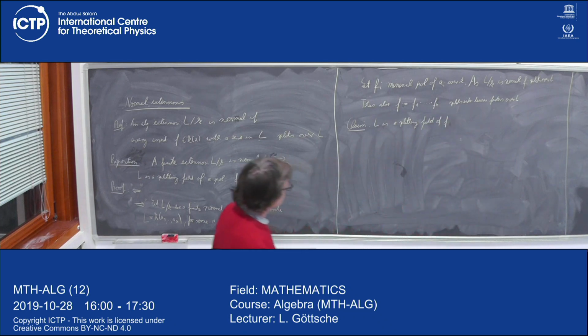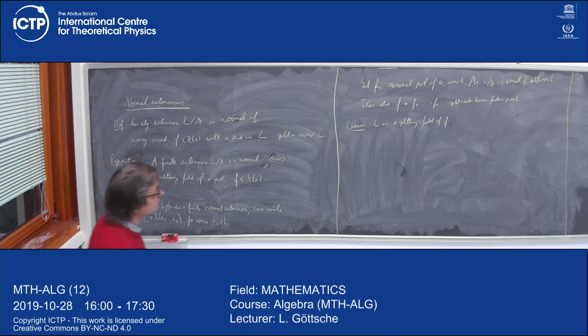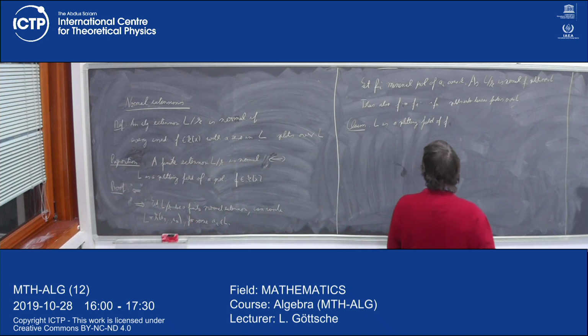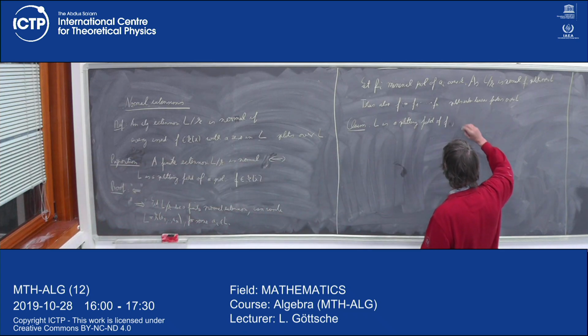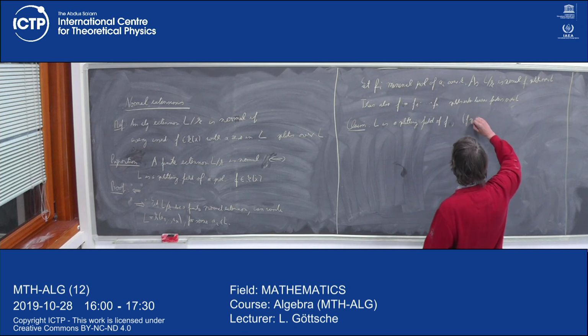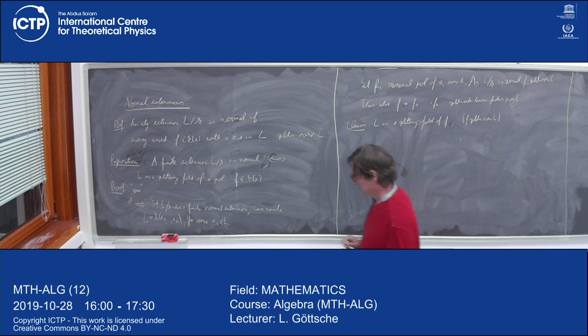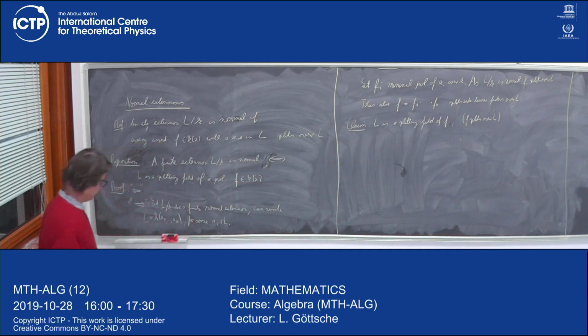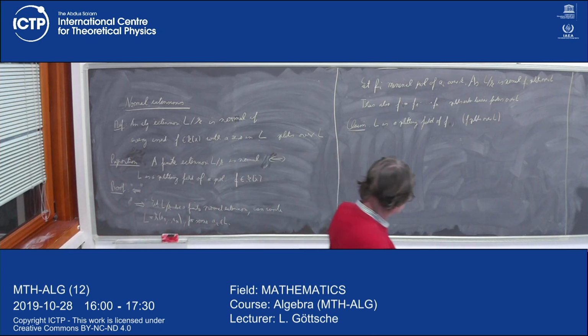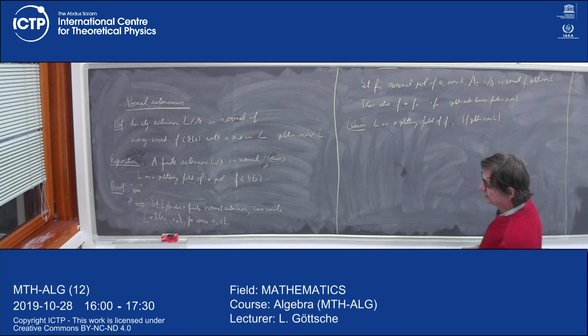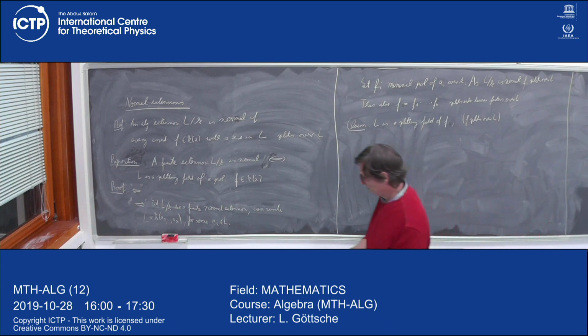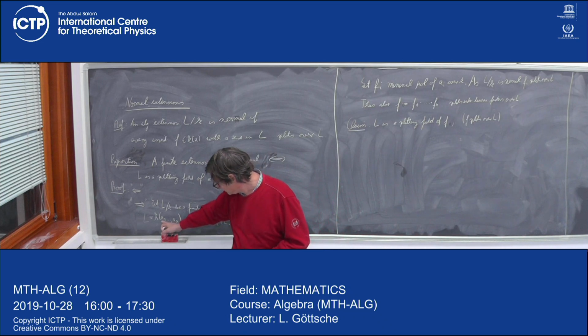So clearly, by definition, f splits over L. And if I have an intermediate field over which f splits, it has to contain these a1 to an because they are roots of f.